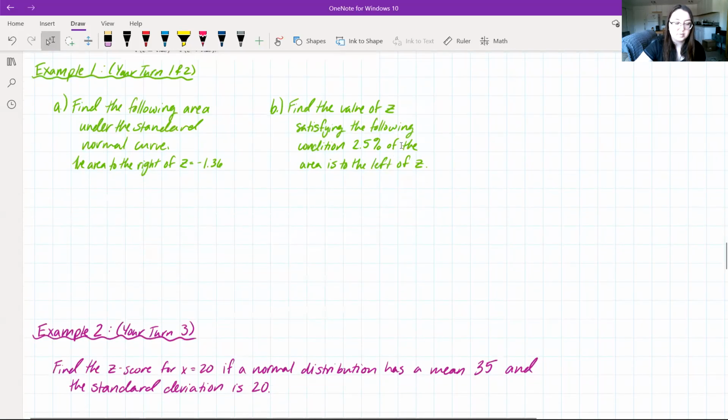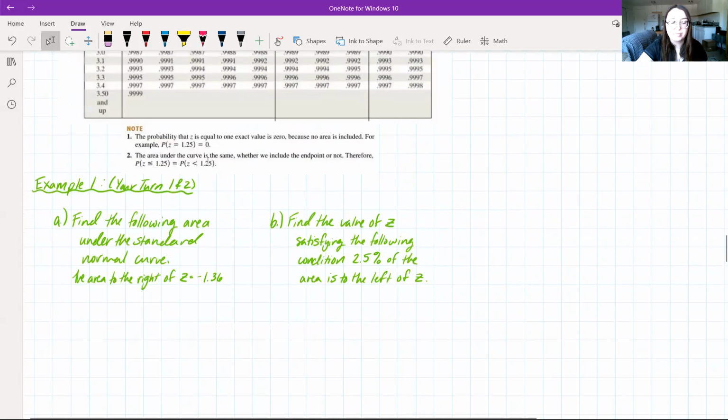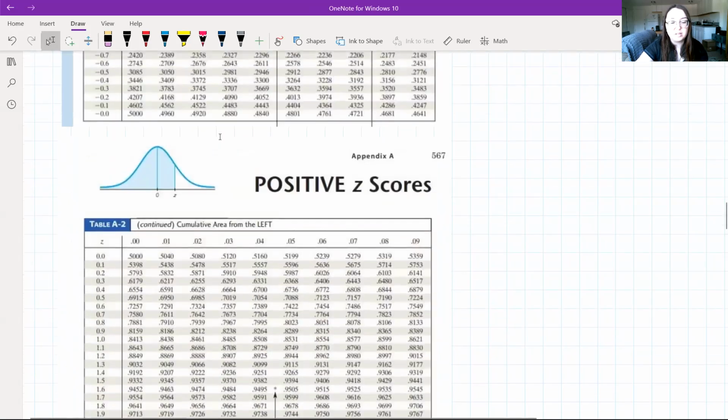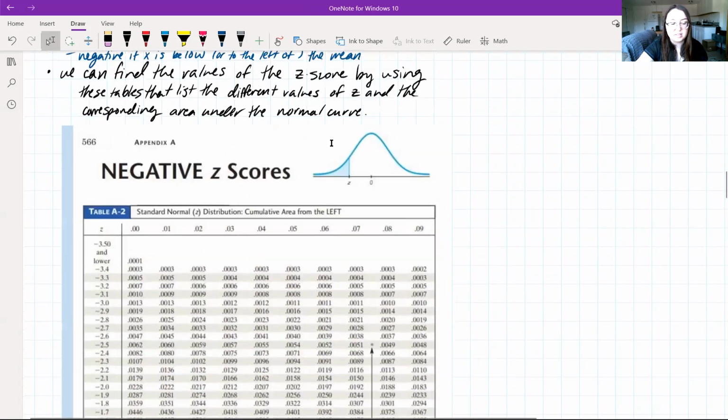All right, so let's just start with example 1. We want to find the following area under the standard normal curve: the area to the right of z equal to negative 1.36. If we look at our appendices, or our list of values, each one of these is always from the left.